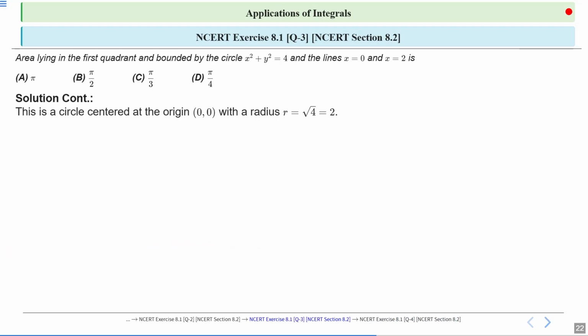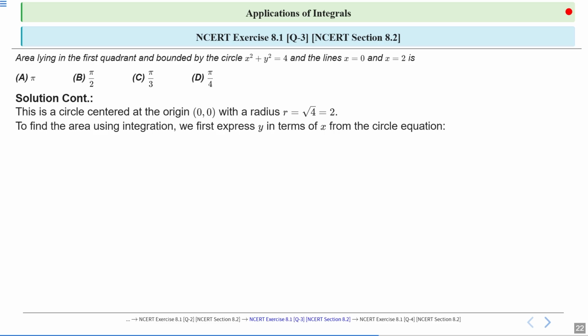The circle is centered at the origin and the radius r is equal to root under 4, that is 2. To find the integration, we first express y in terms of x from the circle equation. So we take the vertical strip, because in this case the limit is easier, that is x equal to 0 to 2.